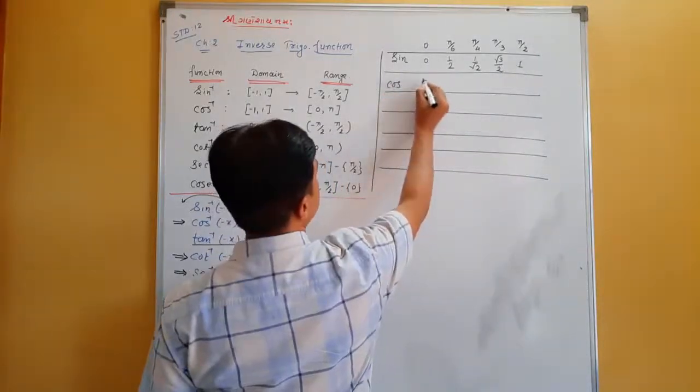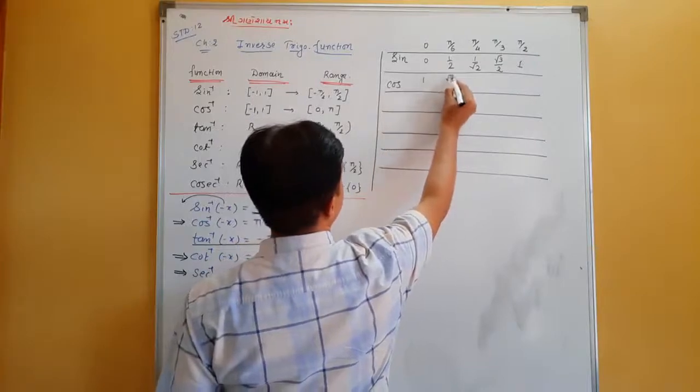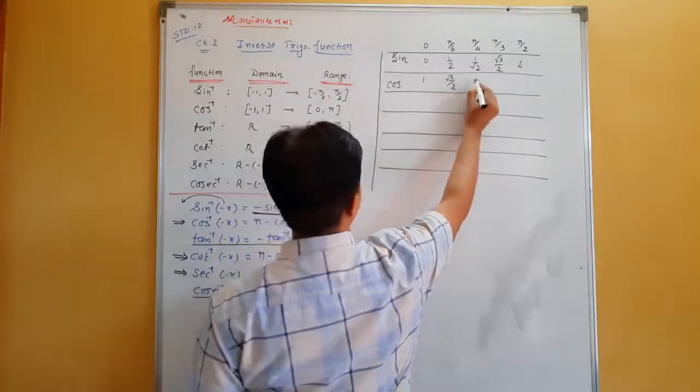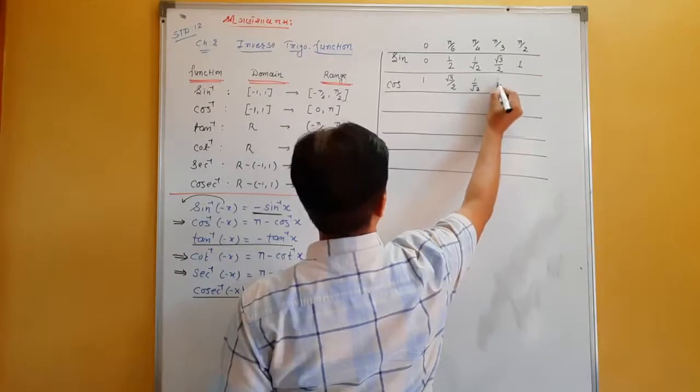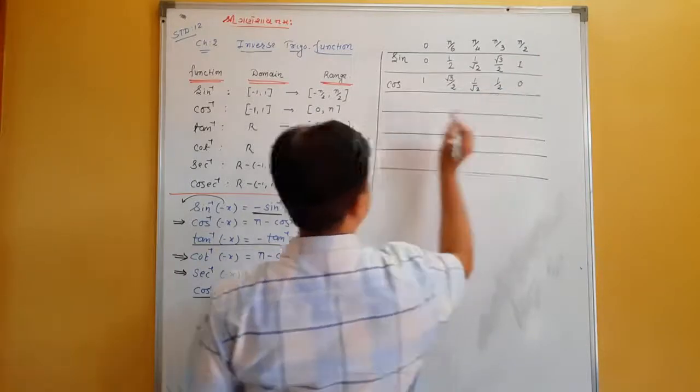For cos, it is 1, root 3 by 2, 1 by root 2, 1 by 2 and 0.